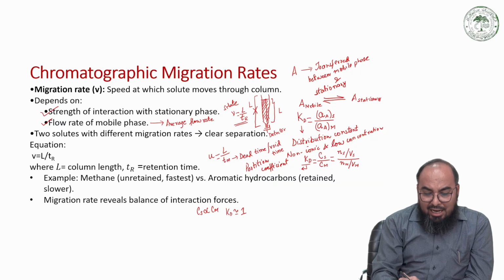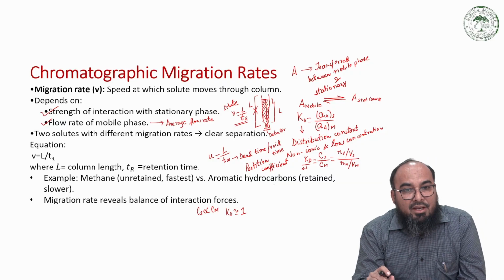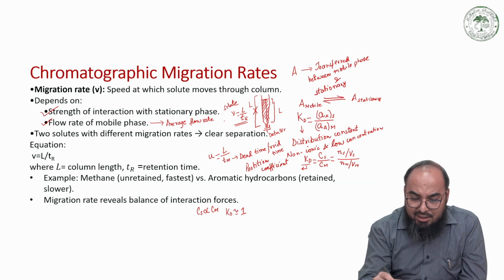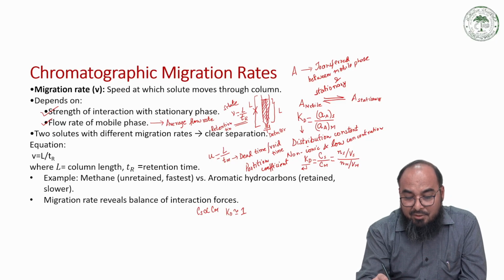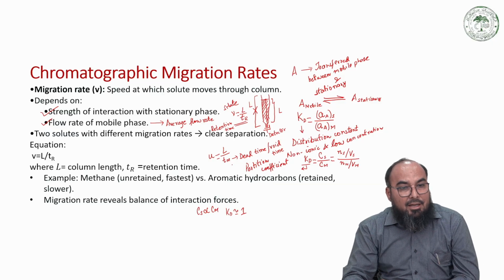So what we are going to do is quantify the migration rate. So TR is the retention time, and Tm was the dead time.